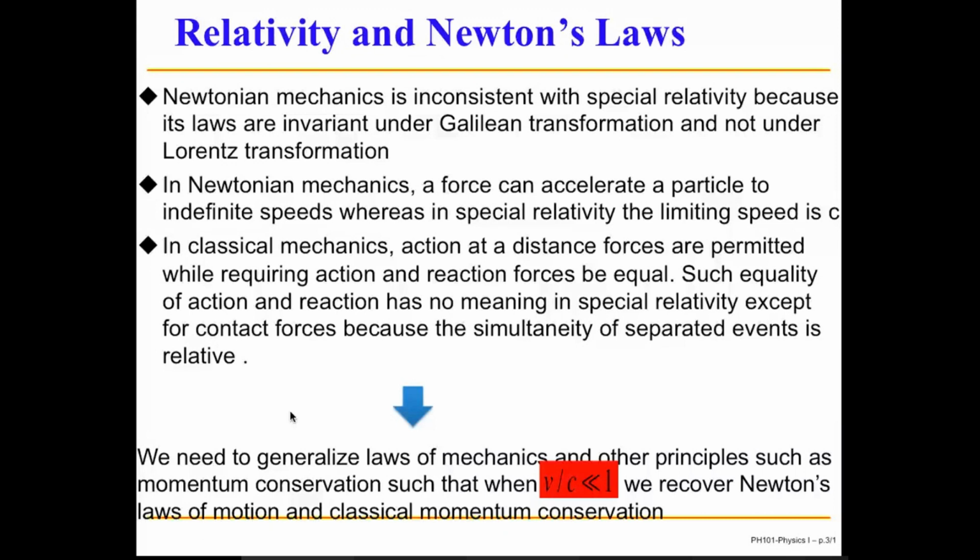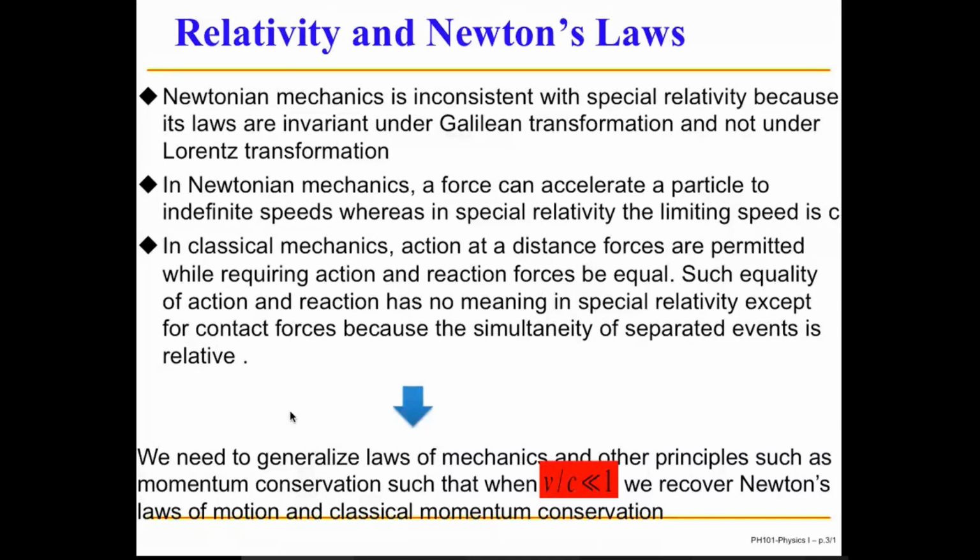The second bullet point is that in Newtonian mechanics, a force can accelerate a particle to indefinite speeds, whereas special relativity limits the maximum speed of anything to the speed of light. Therefore, Newtonian mechanics, under the framework of Lorentz transformation, has a problem.